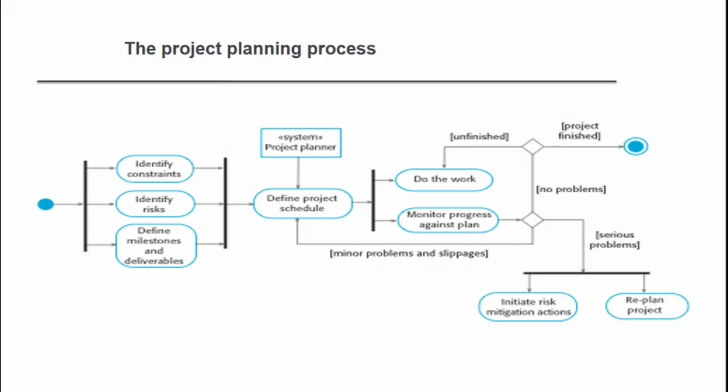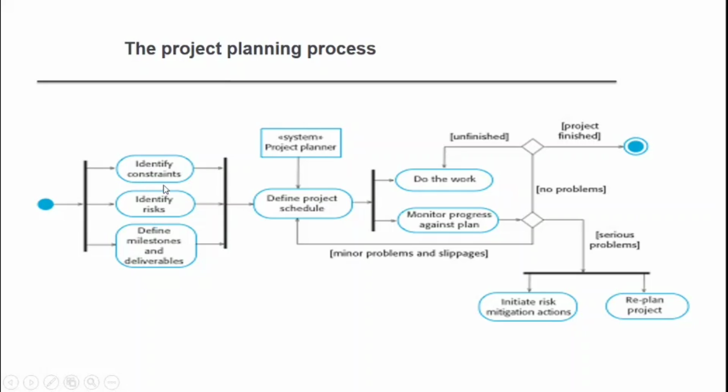So you can see this diagram. The project planning process diagram is an important diagram. At the beginning of the planning process, you can see that we are identifying the constraints, identifying the risks, and defining the milestones and the deliverables. So this has to be taken care of before project planning.